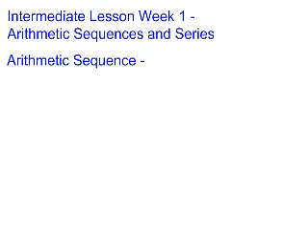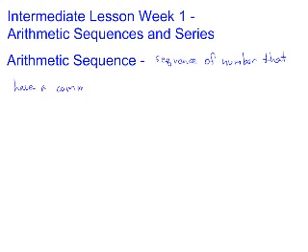Okay, in this lesson we're going to talk about arithmetic sequences and series. An arithmetic sequence is just a sequence of numbers that have a common difference between consecutive elements.